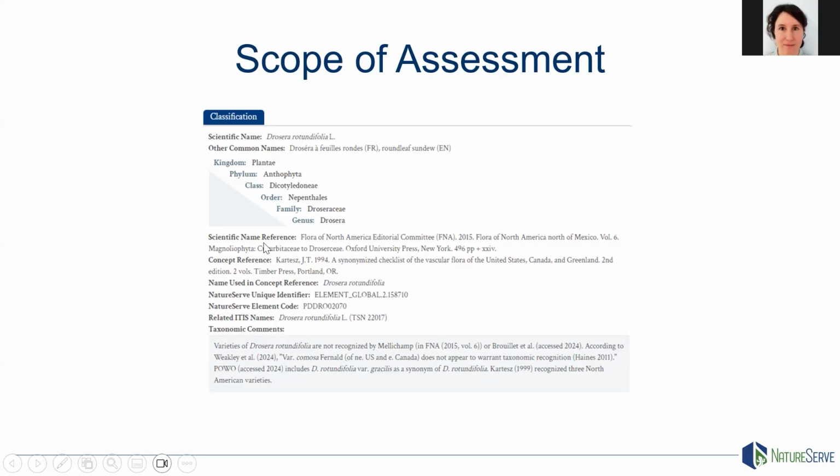The scientific name reference is typically a modern treatment with the same taxonomic concept, which also indicates that we have reviewed the taxonomy against that newer source. Taxonomic comments provide context, especially when there is a recent conflicting taxonomic treatment.